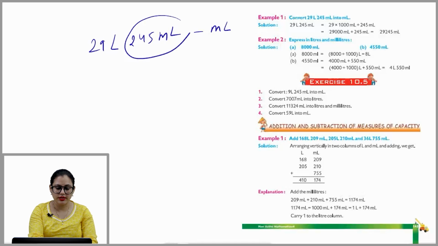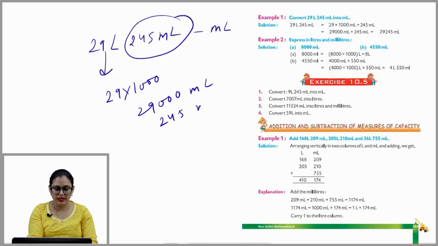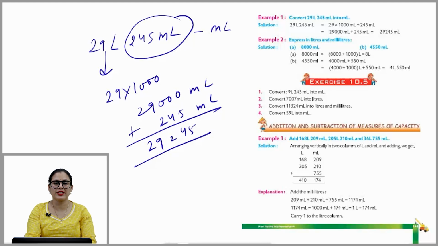We'll not convert this, we'll just convert this. So we'll multiply this by 1000. So 29,000 milliliter, and then we'll add 245 milliliter. Okay, so the answer is 29,245 milliliter.